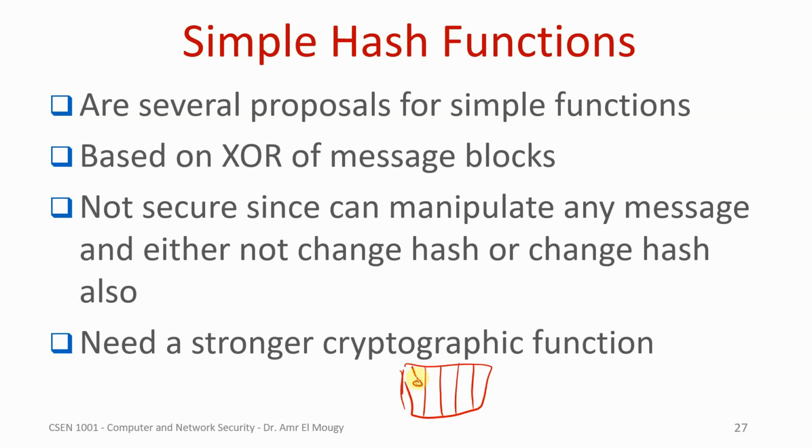This column, for example, has 0, 1, 0, 1, 1, and so on. The simple hash function says that you take each column and you XOR its values. So this becomes 1, this is 1, this is 0, this is 1, and this is 1. So the hash of this message is 1, 1, 0, 1, 1.